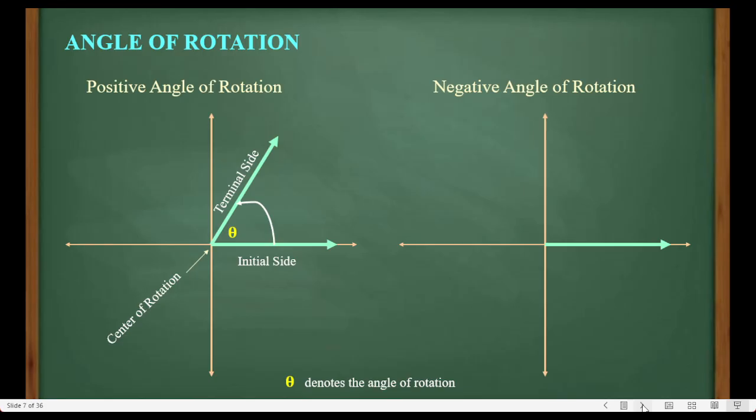But unlike the first angle, the way this angle is to be generated is in clockwise manner. Again, this is the initial side, the center of rotation, and from the initial side an angle is to be generated, and it is again in clockwise manner, as you can see right now.